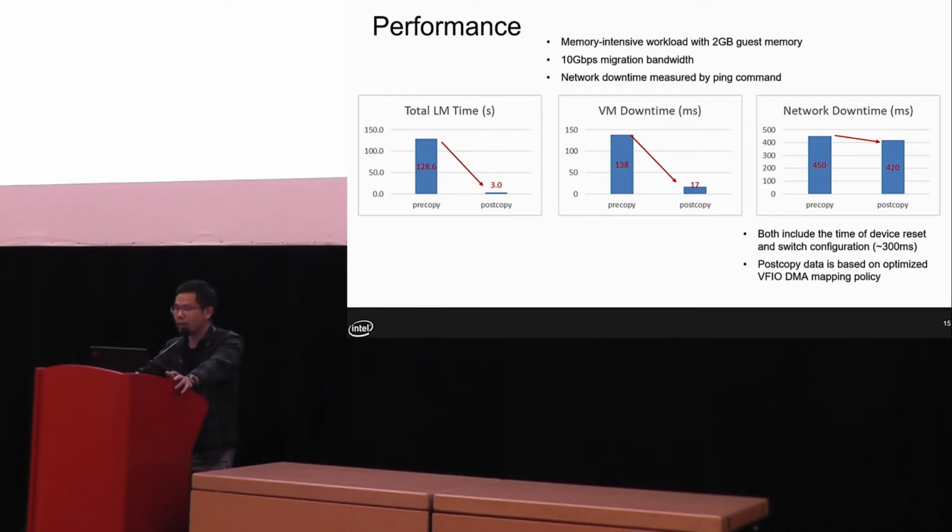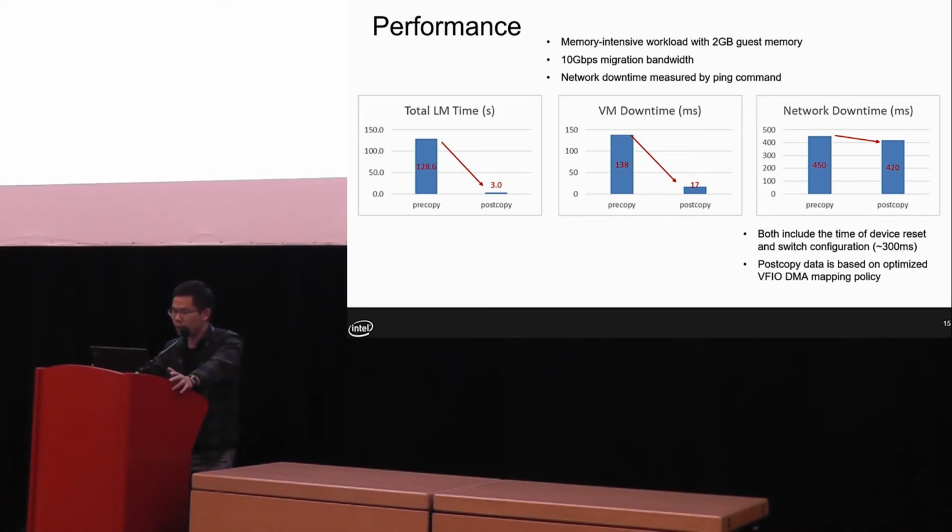The third one is network downtime, which means the VM lost network service. Pre-copy lost 450 milliseconds. Post-copy lost a little bit less, 420. Both include about 300 milliseconds of device reset and switch configuration time.